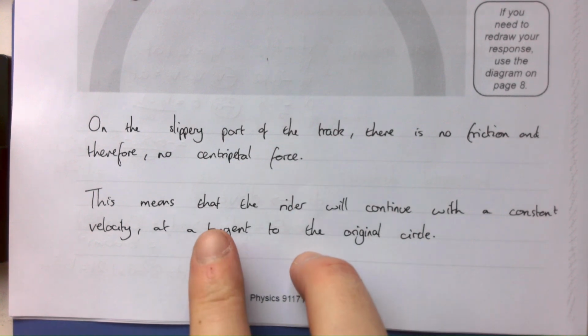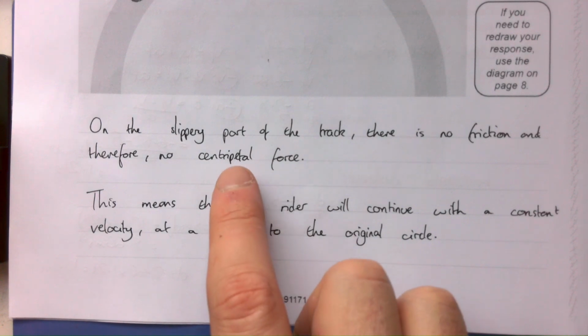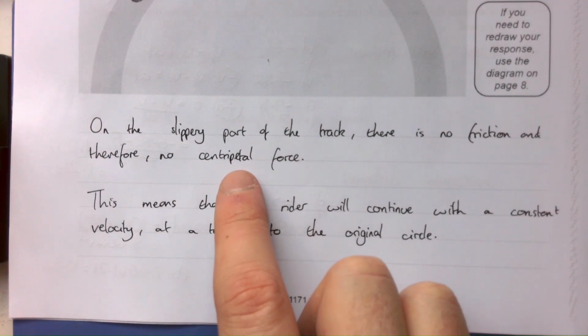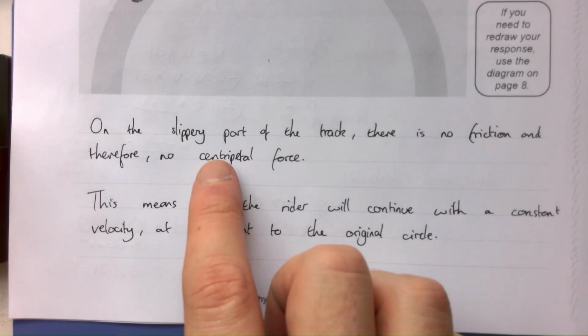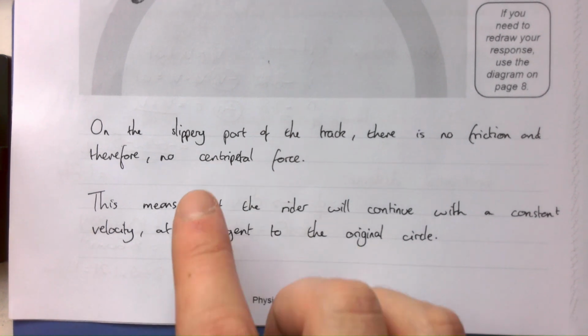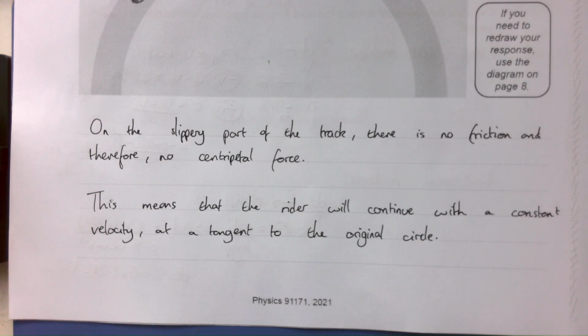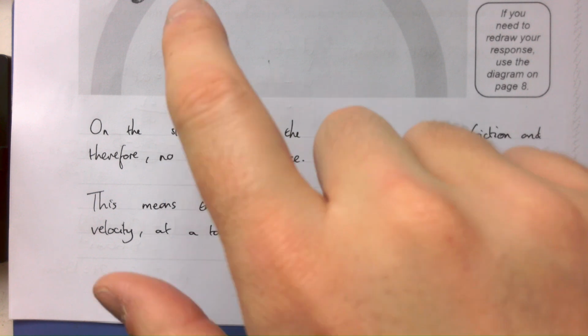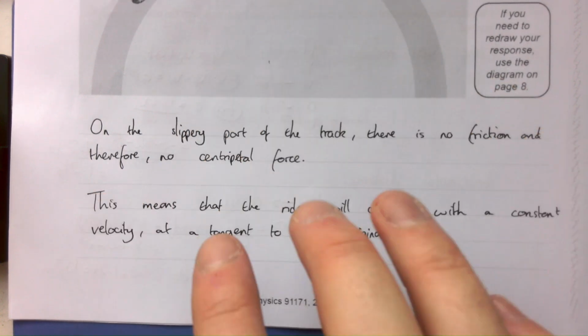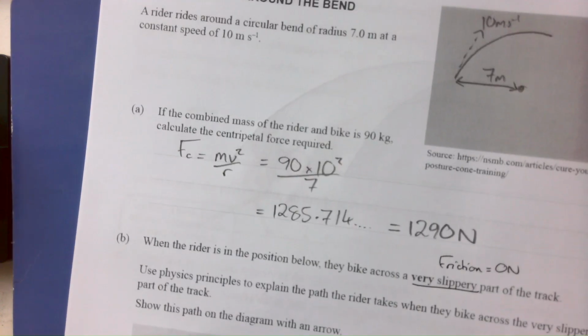If you only say two of these things without mentioning the centripetal force no longer existing or being smaller, then it's just an achieved. And it's the same sort of pattern if you had said there was a wider curve rather than a straight line. But that's question 2B.